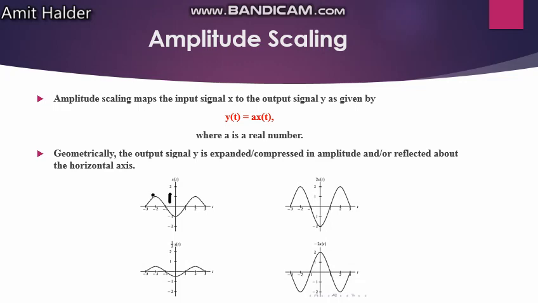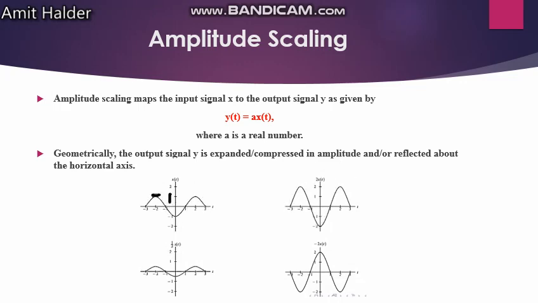If it is 2x(t), we multiply by 2, so 2 into 1 is 2, and minus 1 becomes minus 2, so the value will be larger like this. Again, if you take half of it, that will be compressed: 1 into half, so the value will be compressed like this.